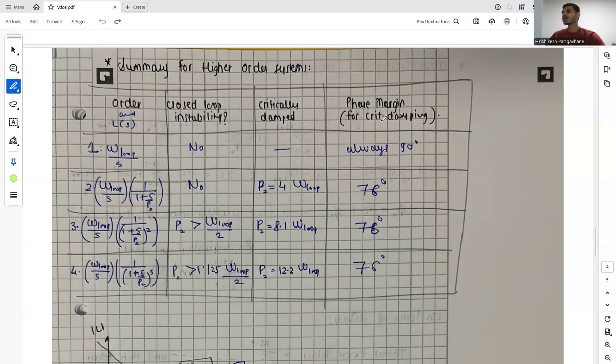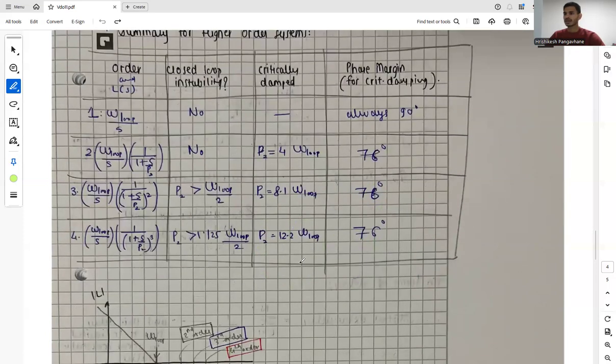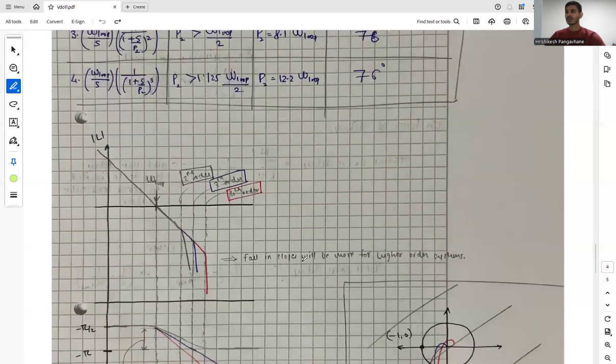So this is how we make use of phase margin for the stability of higher order systems. Now let's take a look at the Bode plot for second order, third order, and fourth order systems, where we have 1, 2, and 3 poles.